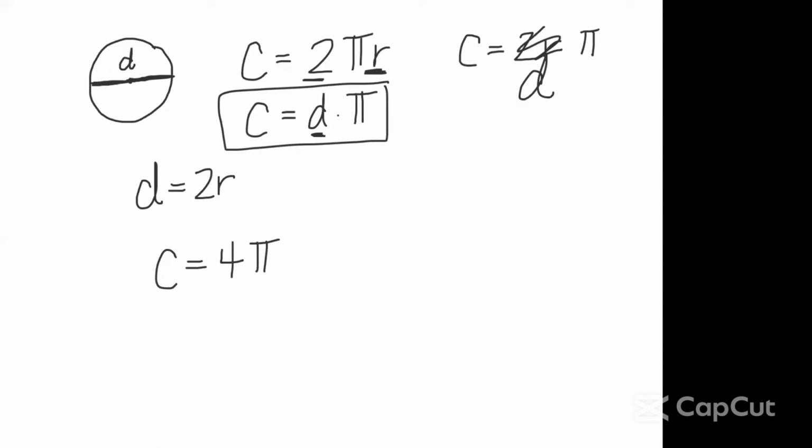So we have to memorize both. And how do we know which one to use? Okay, did the question give me radius or diameter? It gave me radius, so I'm going to use this one. No, now it gave me diameter, so I'm going to use this one. Okay, so we have both of them at our disposal.